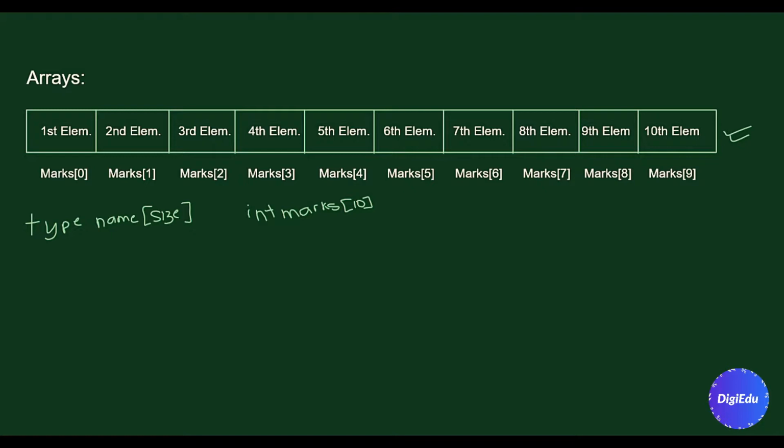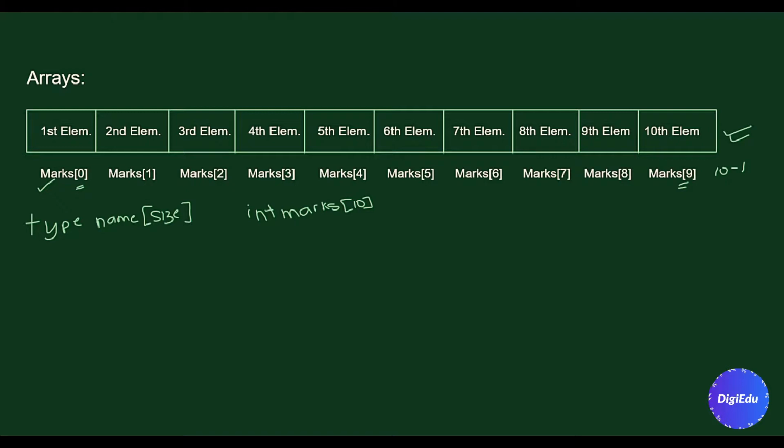There are 10 elements. In C, array index starts from 0. So the indexing starts from 0 and it goes till the maximum number of elements it can store minus 1. It is 9, because the max elements it can store is 10, so 10 minus 1 is 9. If you want to store any value in the first element, or you can say the first block of memory, then you need to mention marks[0].